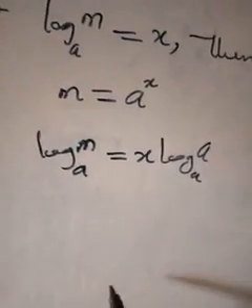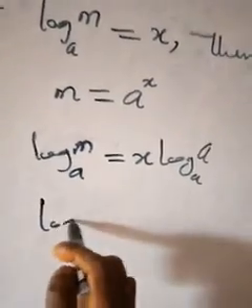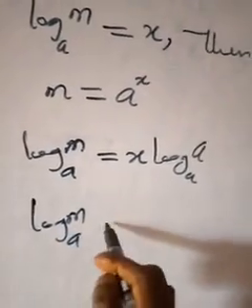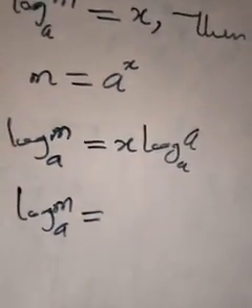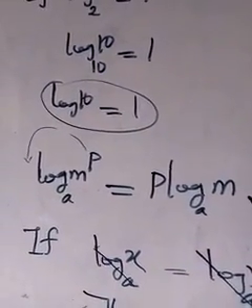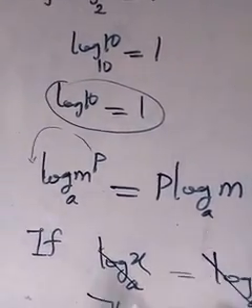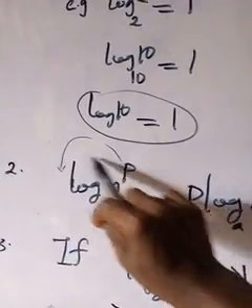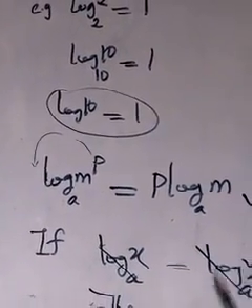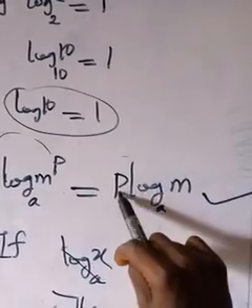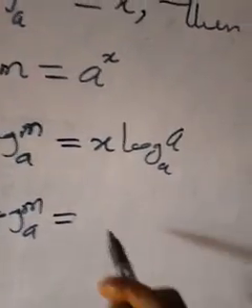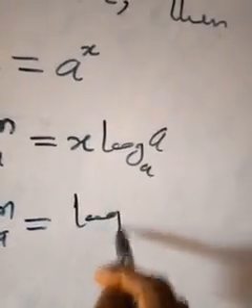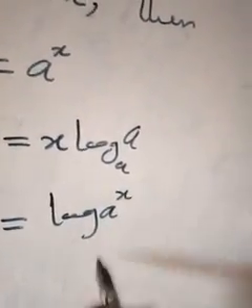So if you now look at this, I can write log m base a equals to, looking at the second law, this law is vice versa. If this can move to this place, by the time we are simplifying something in this form, this p will move to this power. That is what we are going to apply here. Then s will move and multiply the power of a here.